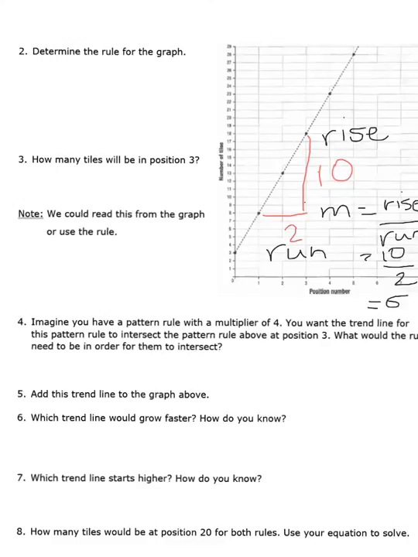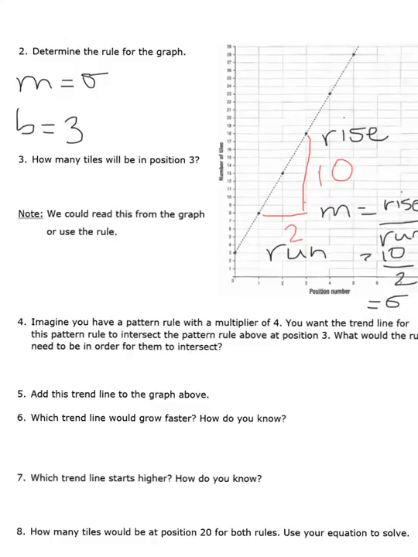So I know my multiplier, my m, is 5. Okay? My y-intercept is where this line kisses or touches that y-axis. If I'm looking here, my y-intercept, or my b, is going to be 3. Okay? And if you're confused with where I'm getting m and b from, flip your page again, and I'm just getting them from those labels.